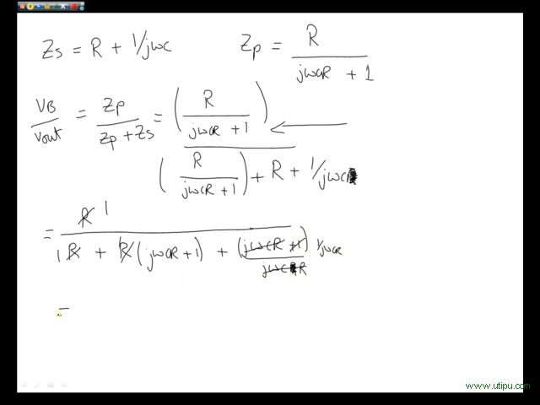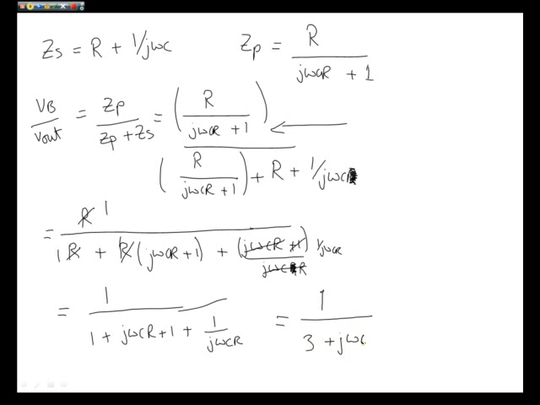Okay, from here, let's just tidy all that lot up. Our expression now looks like this: 1 over 1 plus 1 plus j omega CR plus 1 plus 1 over j omega CR. Simplify, collect up all the 3's, we're left with 1 over 3 plus j omega CR plus 1 over j omega CR.